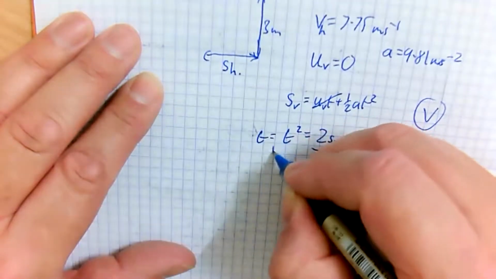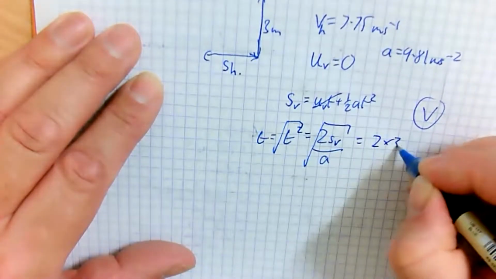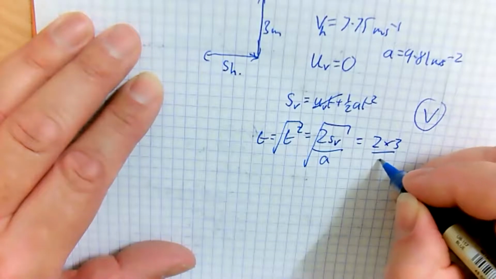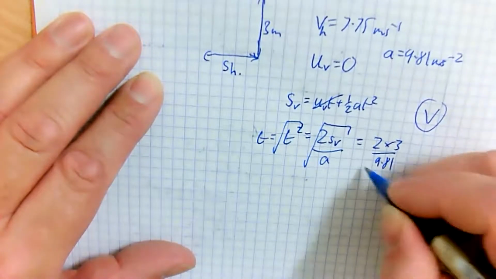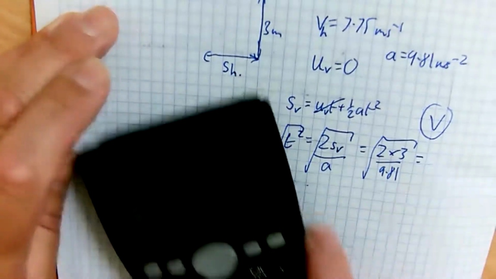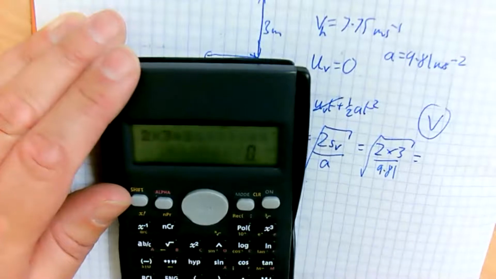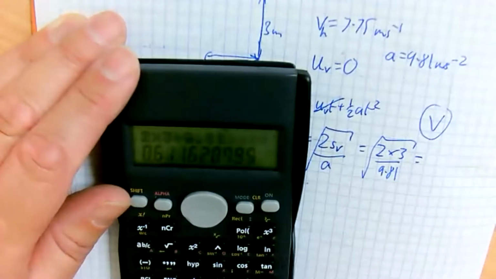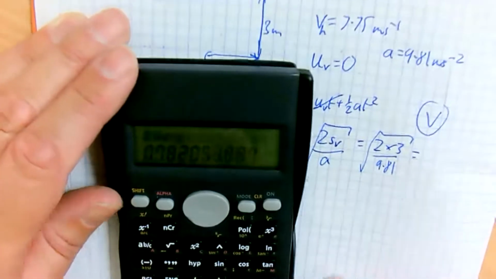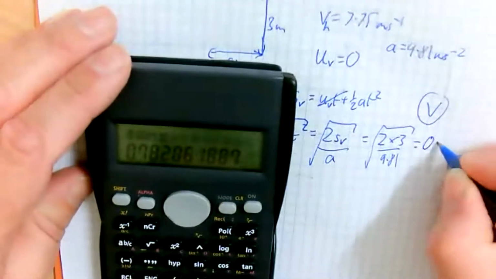To get the time, square root it. So that's 2 times 3 over 9.81, all square rooted, and we end up with 0.78 seconds.